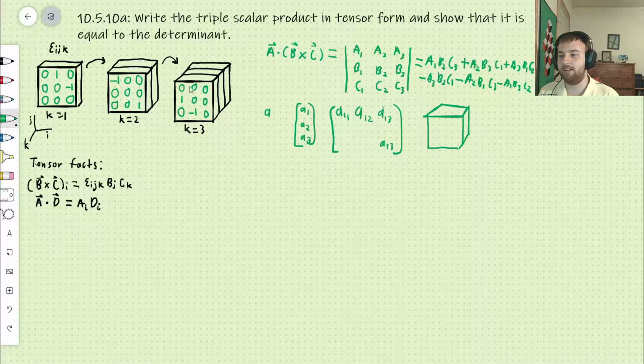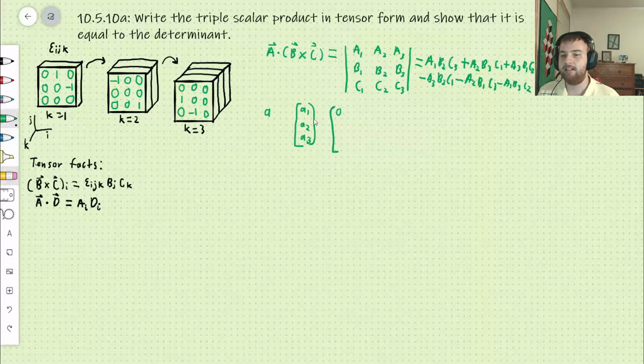And that's kind of what's illustrated here. This here is a special third order tensor. Excuse me, I don't know why that's not erasing. Oh well.